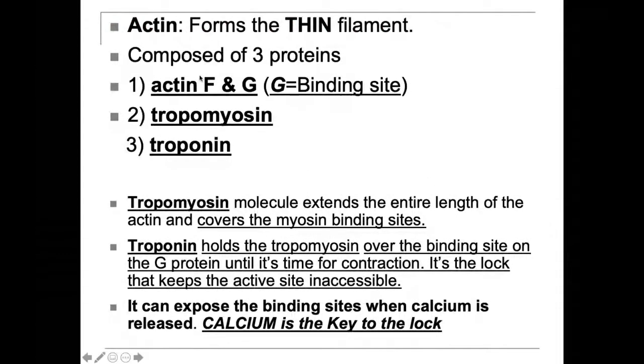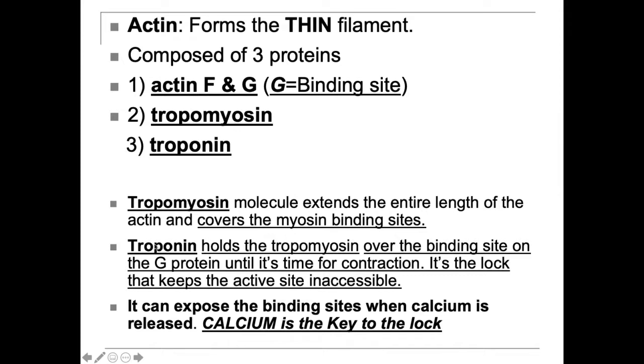When we talk about actin, we have the F and G's, right? The G are those G molecules, which has the binding site. So we have the G molecules, tropomyosin, and troponin. The tropomyosin, I said, is a rope-like structure that covers the entire length and covers the myosin binding sites. Tropomyosin is on actin.